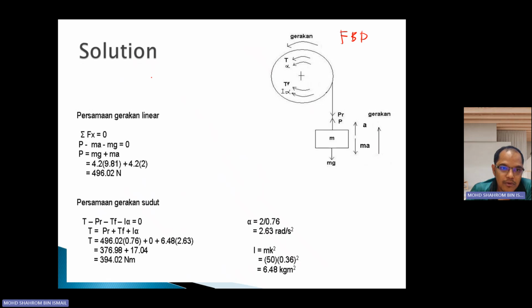We know M is equivalent to 42 kilogram, G is equivalent to 9.81, and A is equivalent to 2 meter per second squared. So these are the parameters.